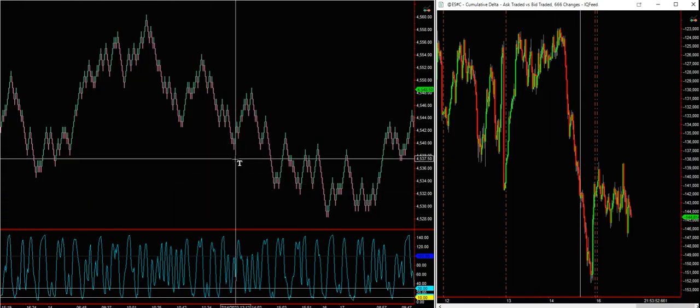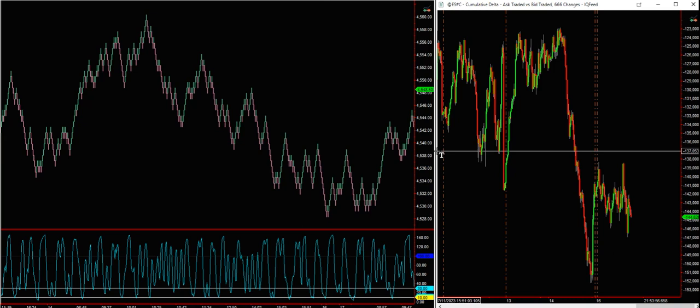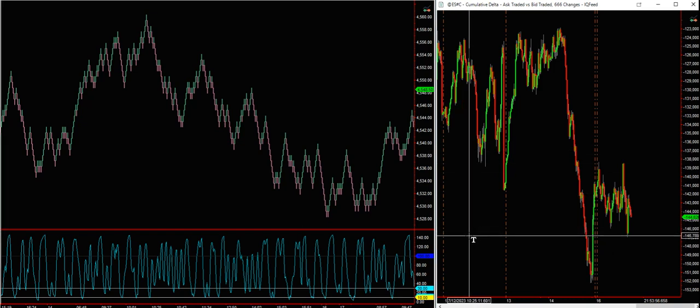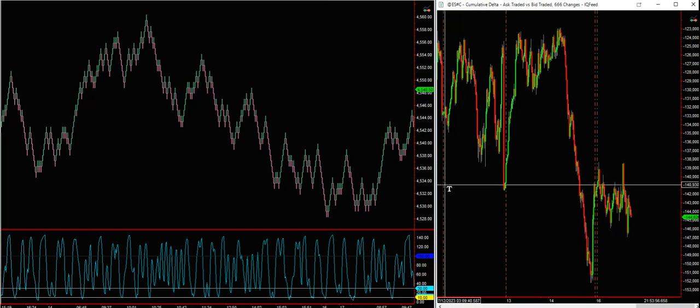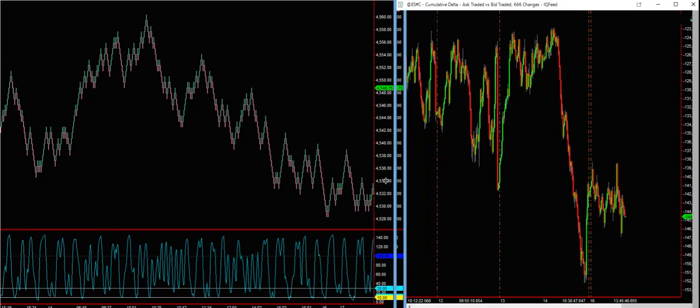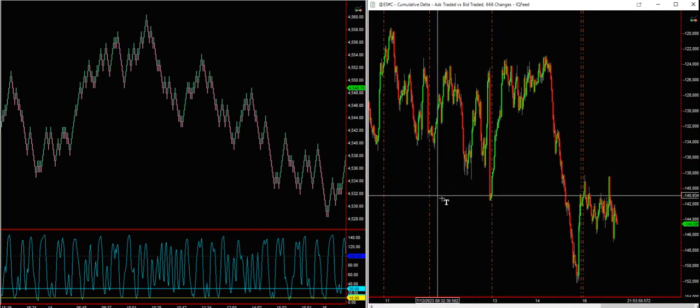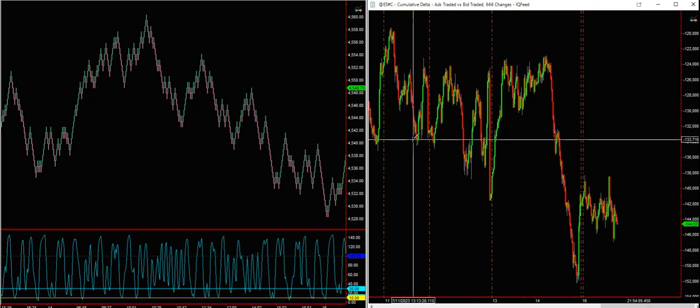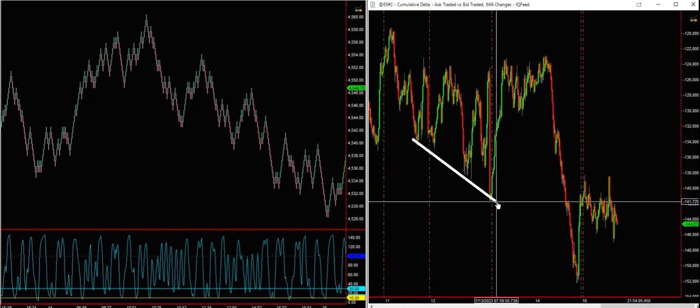Friends, welcome back to this cumulative delta quick review to see how that is working out for us. And again, this is part of the methodology which is central to generating the alpha for yourself.